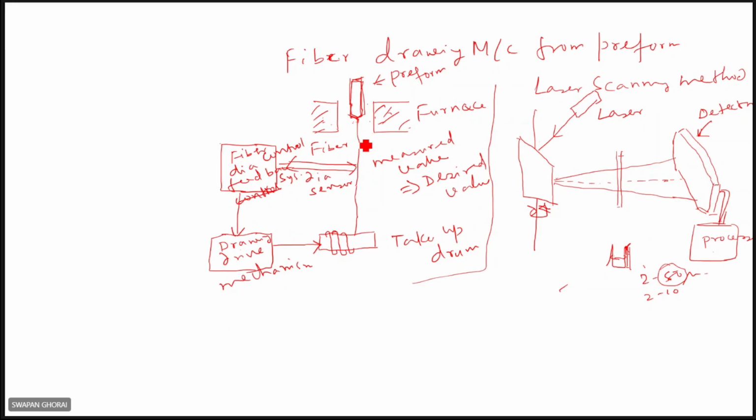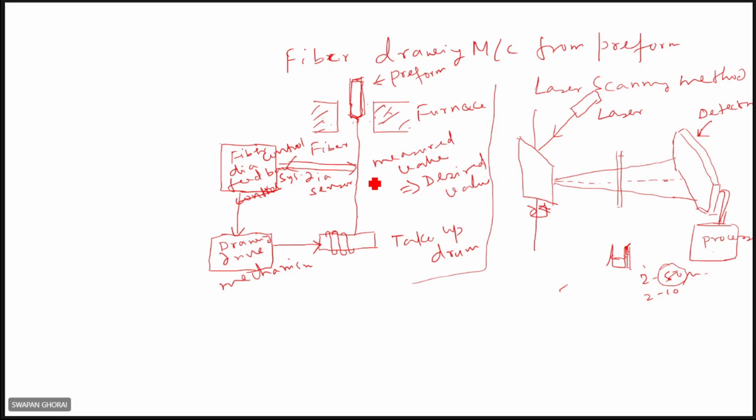There will be no cooling arrangement here because it is at very high temperature, say 1500 centigrade, and it is simple air. It will be solidified, and it is collected in this take-up drum. The drum is rotated, and depending upon the speed of the drum, the fiber diameter will vary.